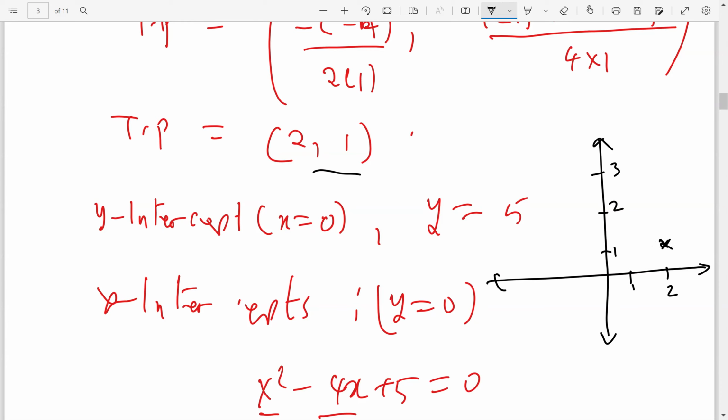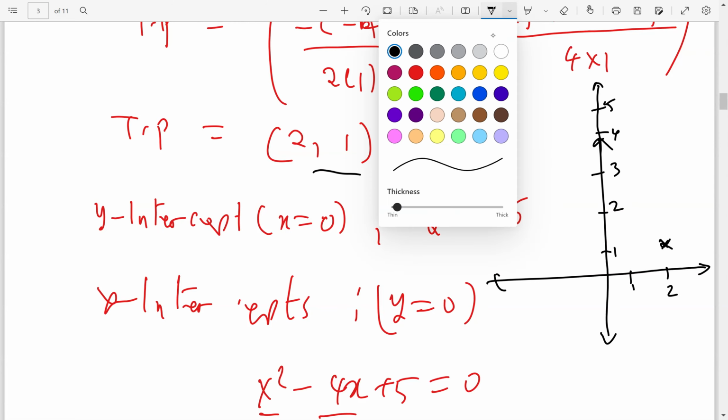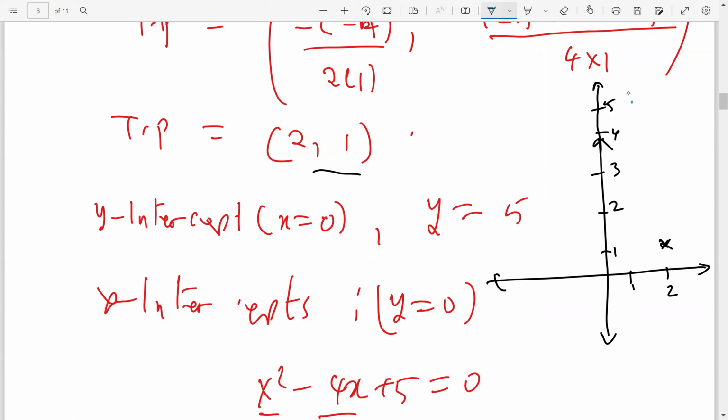You have the y-intercept, which is 5, so 4, 5. Basically we are having a graph which passes through 5, comes to this turning point here, and continues like that. That is y, and this is x. So that is how we can sketch the graph.